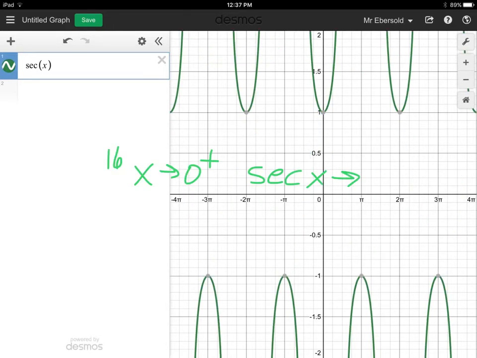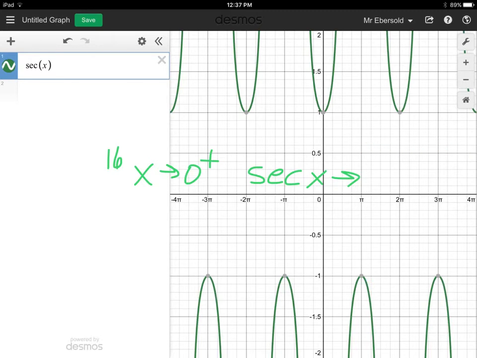So this is the second part of number 16. And, again, the beginning part is still the same: x approaches 0 from the positive direction. So we're moving in this direction. What does secant of x approach? And again, I suggest that you guys graph these and look at them while you're still learning them. So really, as x comes down from the positive direction, it's kind of hopping back and forth.